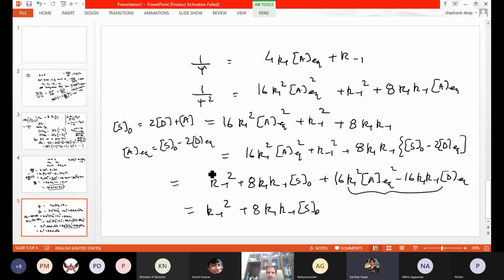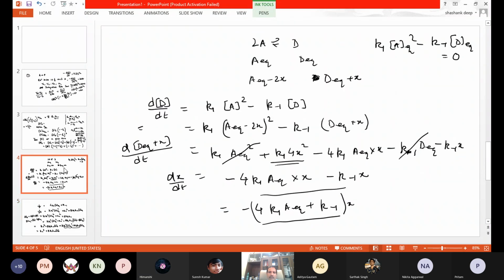Sir, can you explain that S naught minus 2D equilibrium step? This is already given in the question. If you look at this, the question is given that S naught is equal to 2D plus A. Yes, this has been given already, and you have to express that thing.